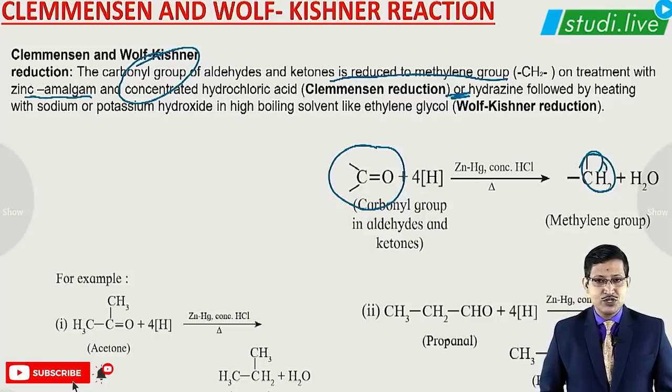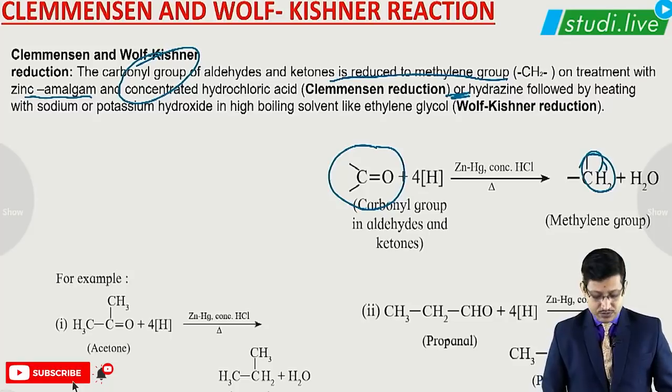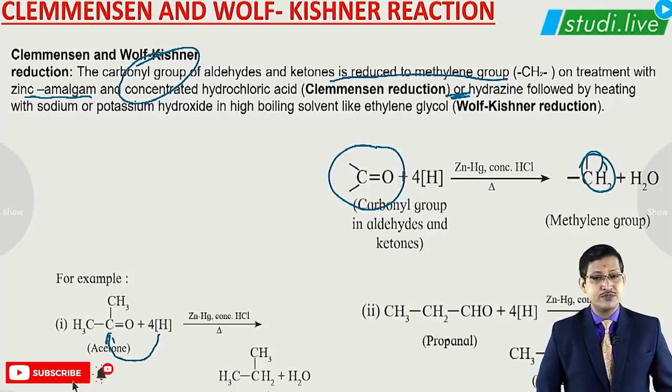Let's take an example to talk about this. Here in this example, CH3COCH3, a ketone called acetone, will react with 4H in presence of zinc amalgam and concentrated HCl. Now of the 4H, 2H will combine with carbon. So when 2H combines with carbon, what do I get?